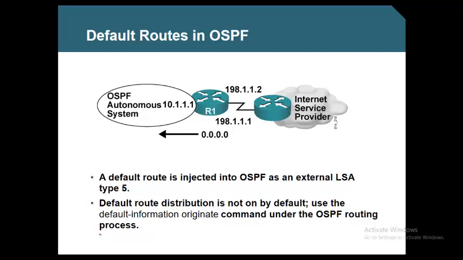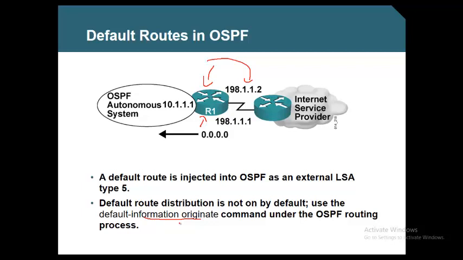But if you wish to have a default route, you need to have a static default route configured, pointing towards an address, so that you can go to router 1 and say default information originate. When you say default information originate, it takes the default route and advertises.